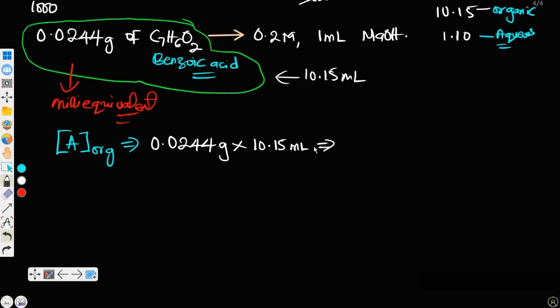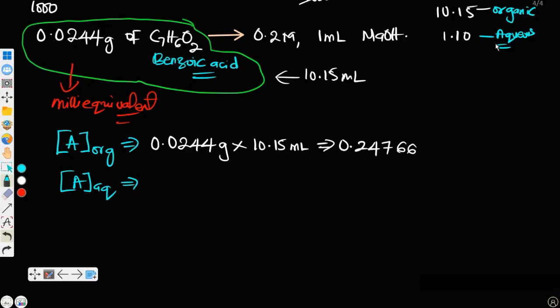Now when you multiply these two things, 0.0244 times 10.15, it's going to give us 0.24766. Now that in the aqueous phase will still be this milli equivalent, because you want to know the amount in the aqueous phase and the organic phase.